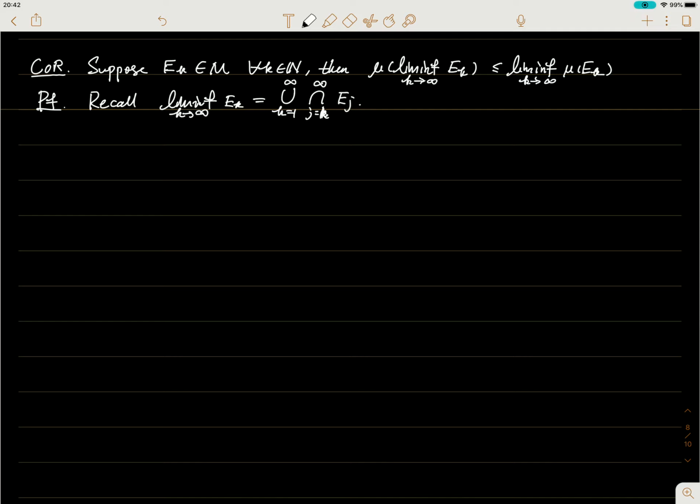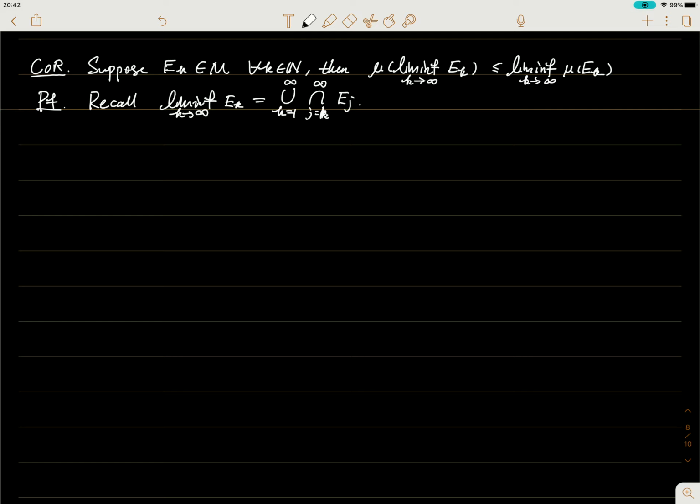So basically it means that if x is in the lower limit of E_k, then for some k, x will be in E_k, E_{k+1}, and so on and so forth. So that's the definition we gave in the first lecture.